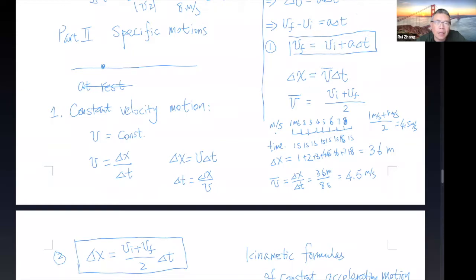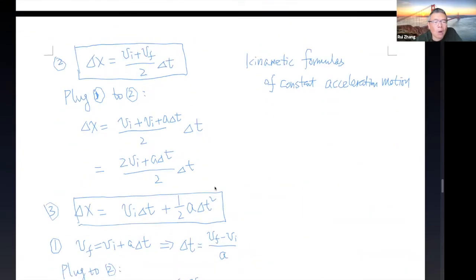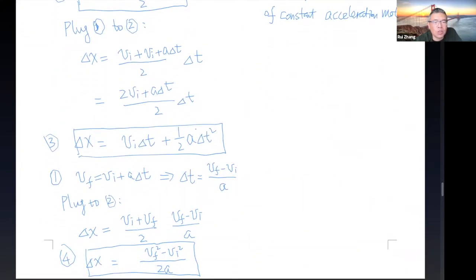But sometimes it's a little more complicated because you need to get something first and then get your final answer. It's more convenient to use the other two formulas directly in some problems, and we'll definitely talk about some problem examples later on. So just keep these formulas in mind.